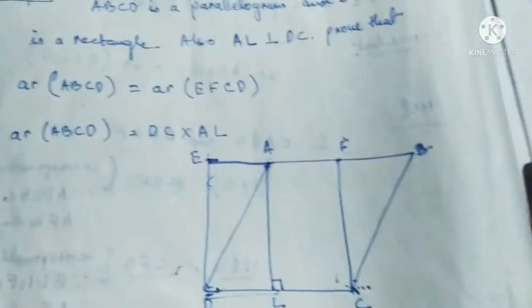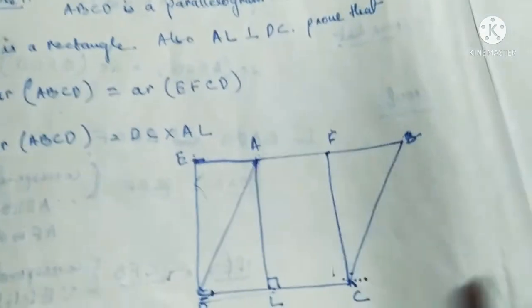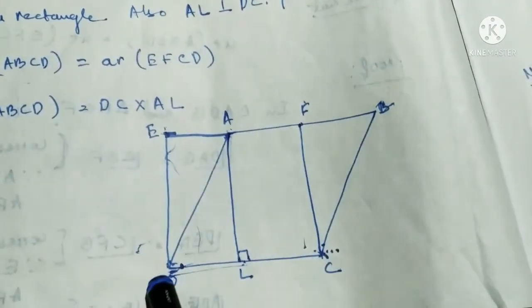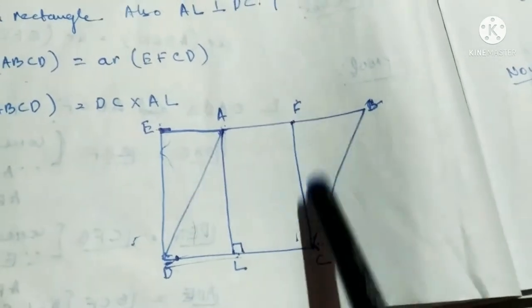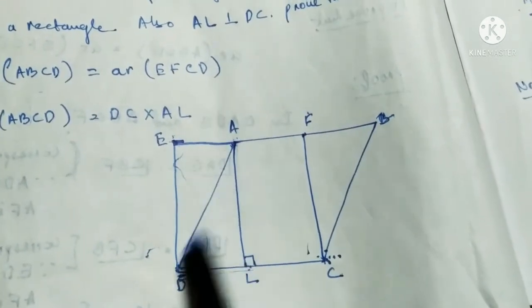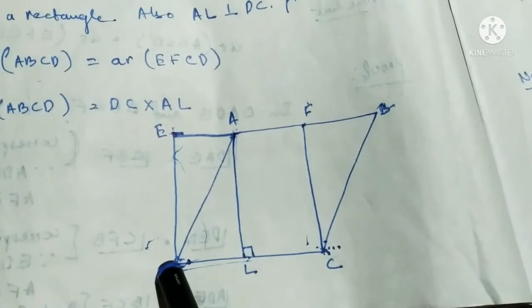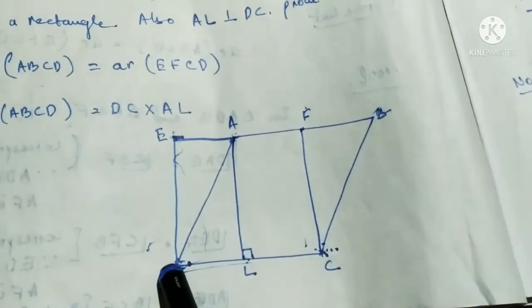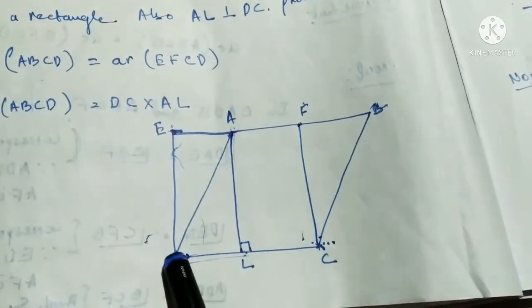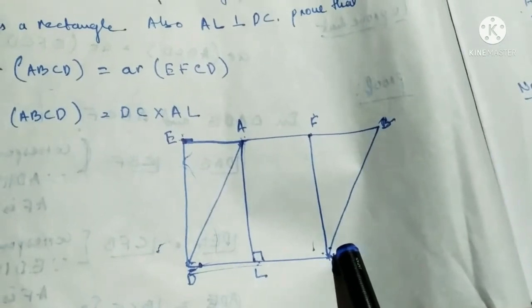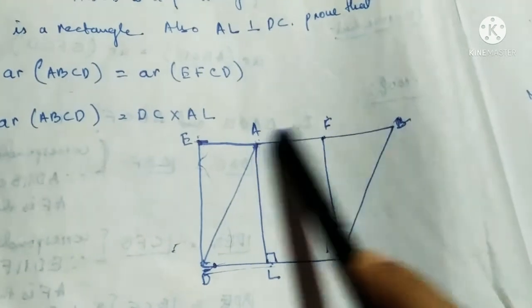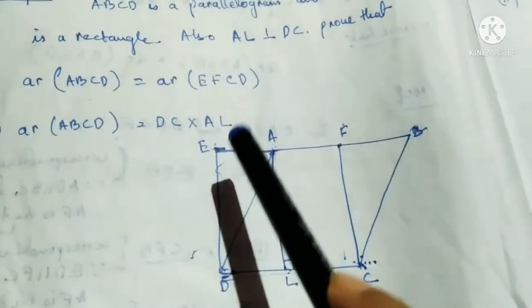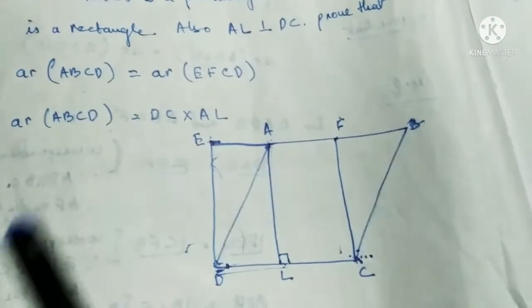So in this figure, ABCD is a parallelogram, EFCD is a rectangle, and AL is perpendicular to DC, given. I have to prove that the area of this parallelogram ABCD is equal to the area of this rectangle.